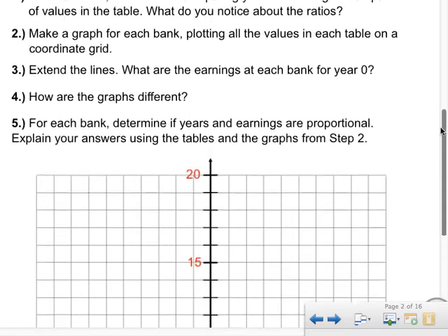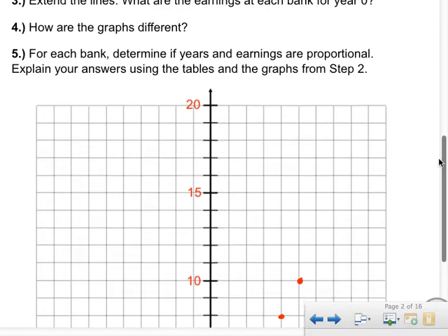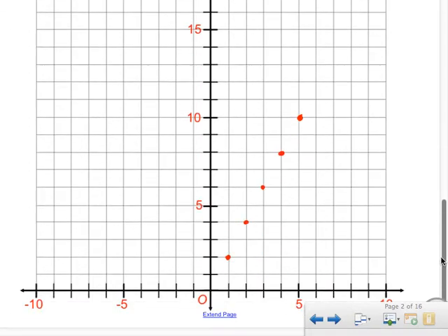Now what about Bank B? Now over here, if you notice, in 0 years, how many did I earn in 0 years? $0. They didn't give you anything when you opened your account, right? But for Bank B, when you made the deposit, you got how much? $5 at the bat. Okay?